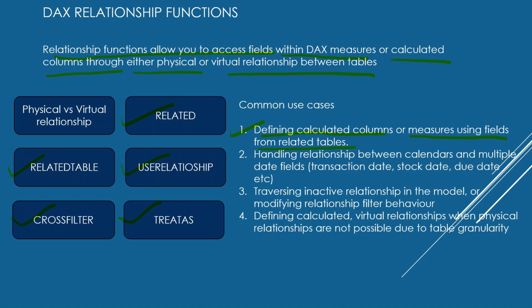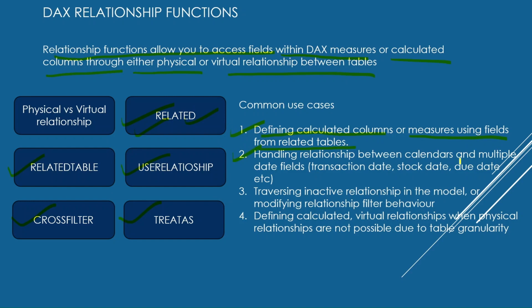With the help of the RELATED function, we can fetch the column from the other table and create the calculated column. The same will happen in measures. If you are writing a measure and want to do a certain kind of calculation, and you want to use another column which is present in a different table, but there is a relationship, then with the help of the RELATED function we can do it.